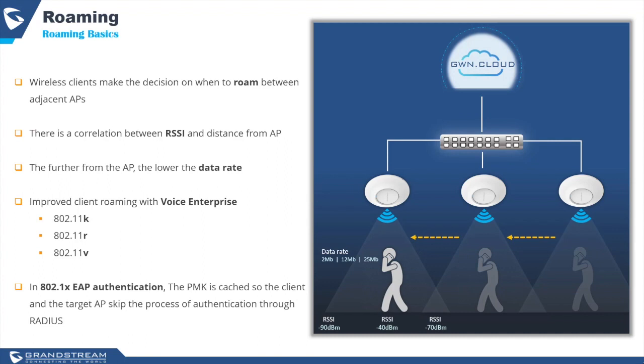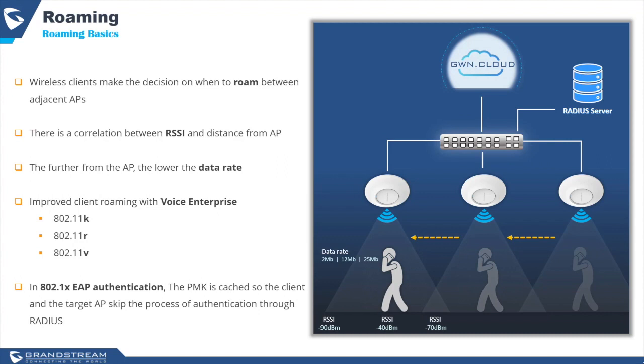And this is due to the fact that when a wireless client wants to move from the current AP to the target AP, it must go through the process of re-authentication and reassociation. And this can take more time in case 802.1x through Radius server is enabled.